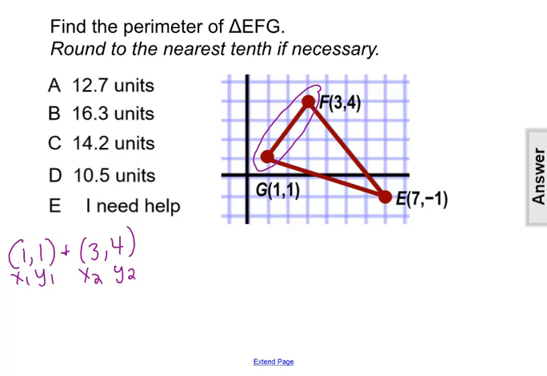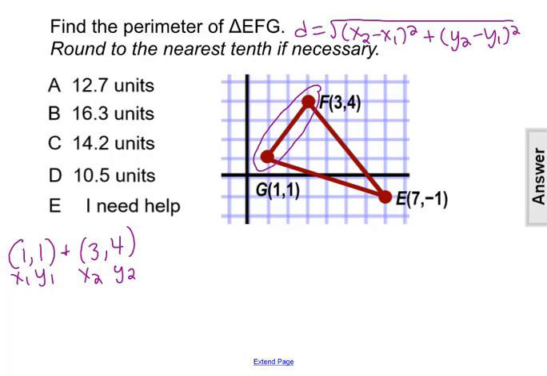Now we're using the distance formula. I'm going to write the general distance formula up at the top, since we're going to do it 3 times for the 3 different side lengths. So the distance formula is D equals the square root of (x2 minus x1) squared plus (y2 minus y1) squared.